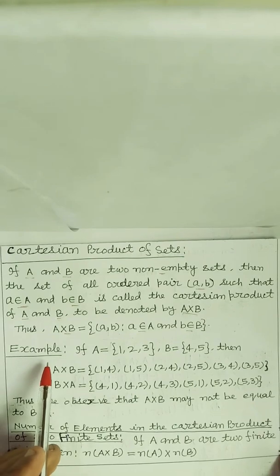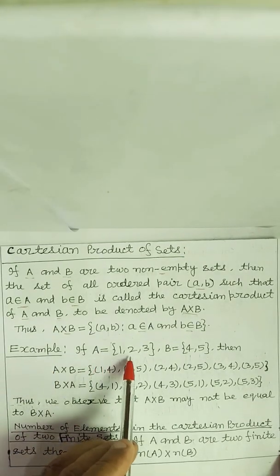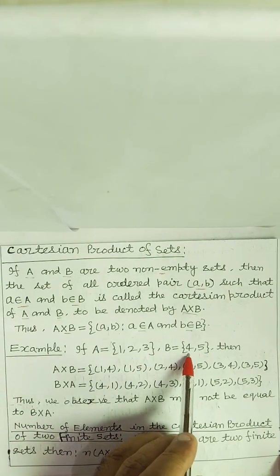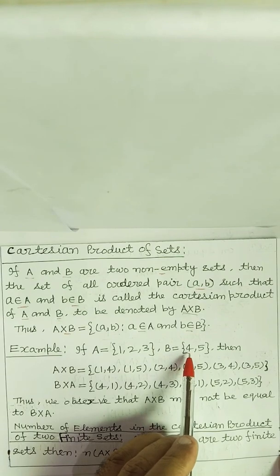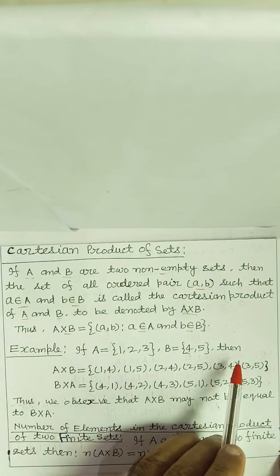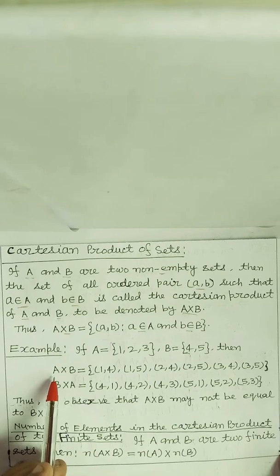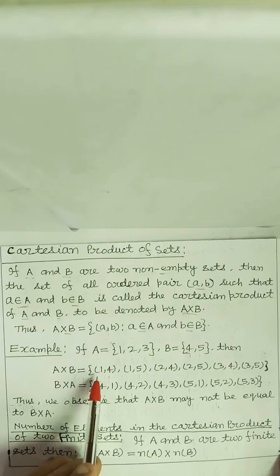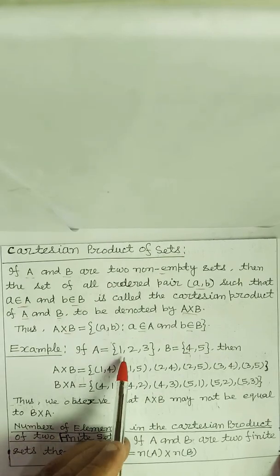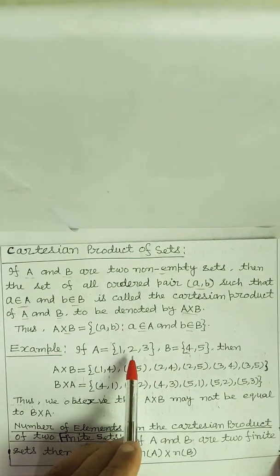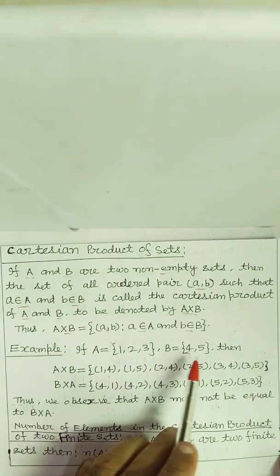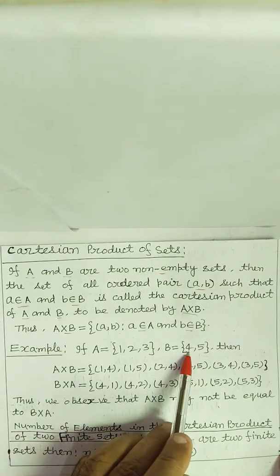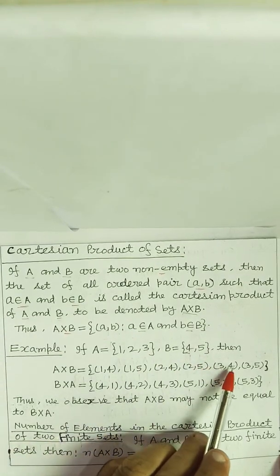Taking an example, let set A having 3 elements 1, 2, 3 and set B having 2 elements 4, 5. Then we find A cross B and we write in ordered pairs (1, 4), (1, 5), (2, 4), (2, 5), (3, 4), (3, 5).